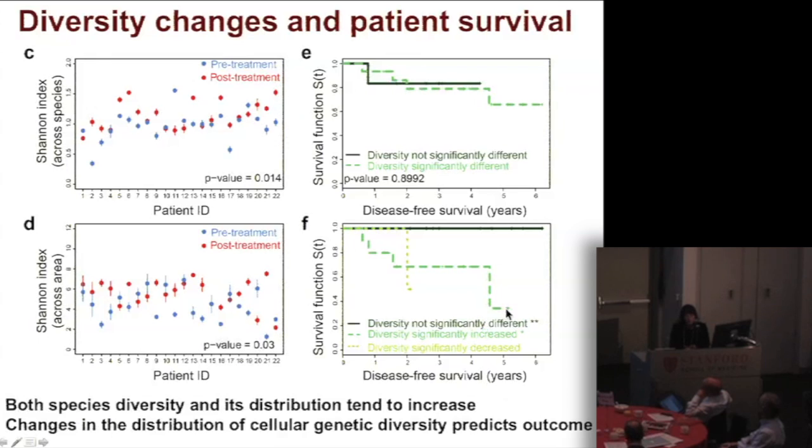So that means that in these patients, probably the different areas of the tumor are selecting for cancer cells with different properties, and the more of these selections you have, the more likely that you have cancer cells that will eventually resist treatment.